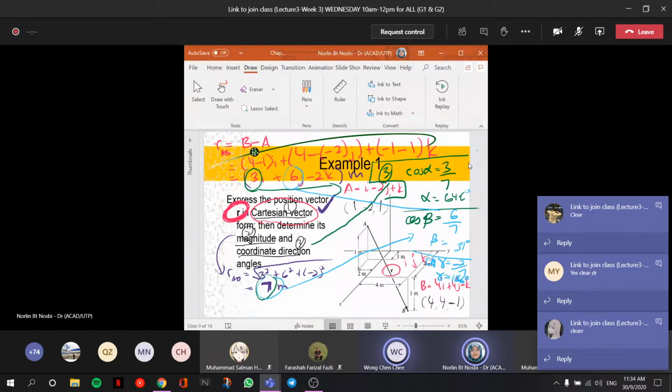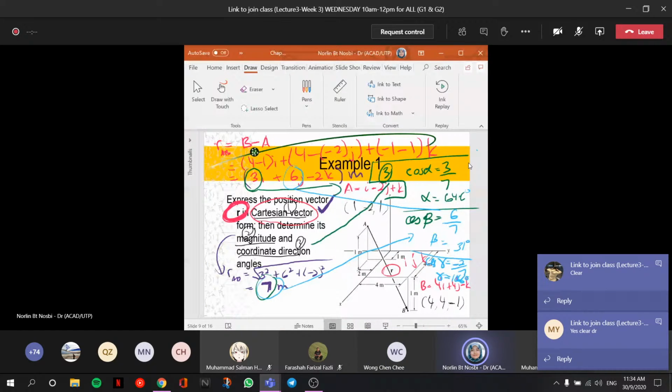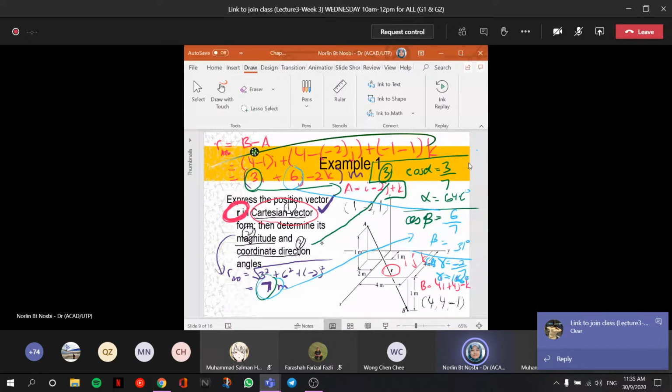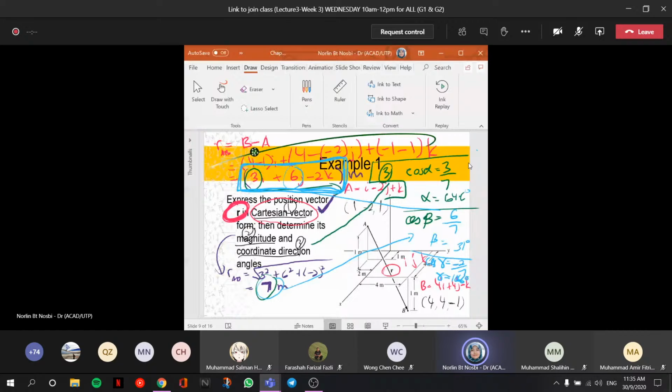Okay, if you want to find alpha, beta, gamma, the vector value is referred back to the resultant force position. If it mentions negative, then you must take negative. Are alpha, beta, and gamma always positive?